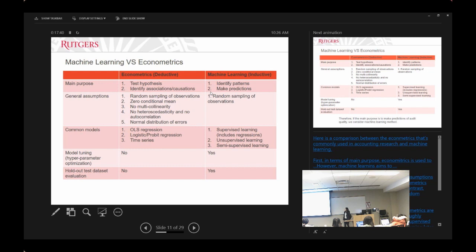But when you use machine learning, you don't have to rely on these assumptions, and you just need to make sure that your data is reasonably a random sample. That's the second difference. The third difference is in terms of models. In econometrics, we use regression, all kinds of regression, whether it's OLS, logistic, or sometimes time series. In machine learning, these models are actually part of what is called supervised learning. But machine learning contains much more, including unsupervised and semi-supervised learning.